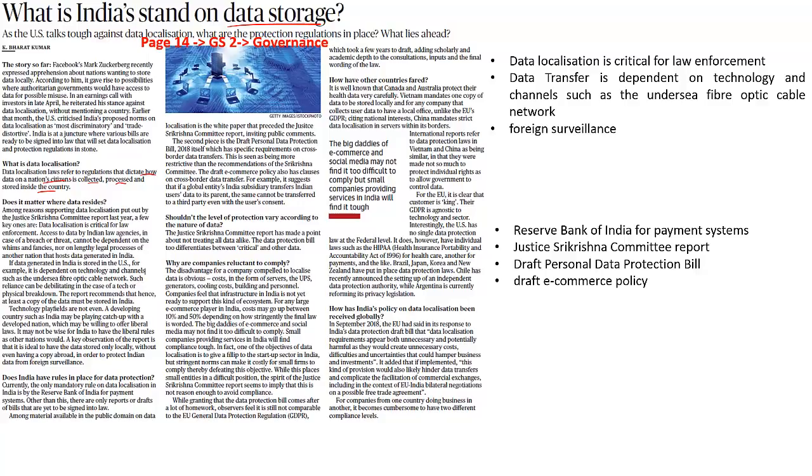Let's look at some of the key arguments that have been put up by the Justice Sri Krishna Committee. The first key argument is that data localization is critical for law enforcement. There are a number of law enforcement agencies in India. These are constantly monitoring security threats. There can be a person, an institution or an organization which can be a security threat.